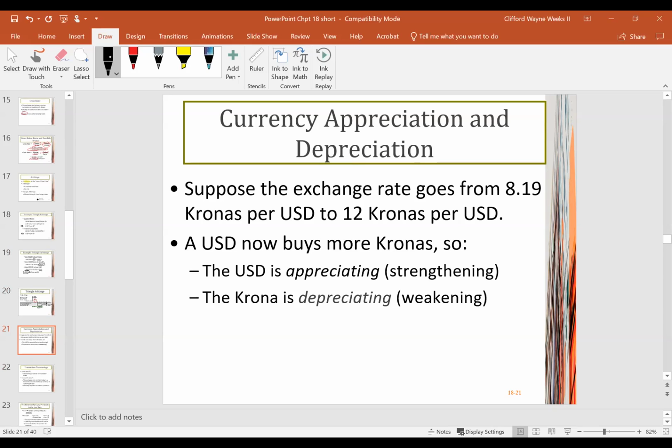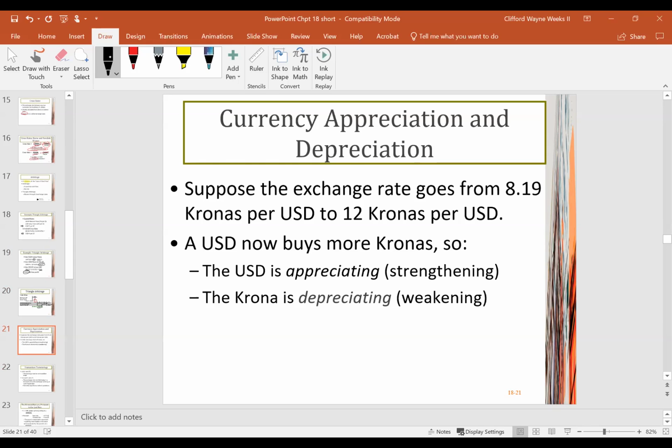All right. So currency appreciation and depreciation. Suppose the exchange rate goes from 8.919 kronas to the US dollar to 12 kronas per US dollar. What that really indicates, and we kind of talked about this before when we talked about how the US dollar against the euro was getting stronger, is what's happening here.